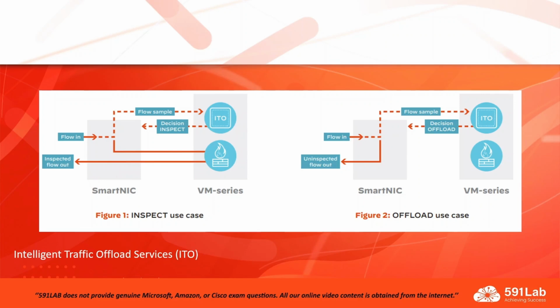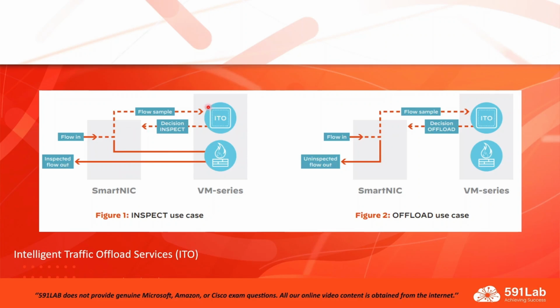The flow is as follows. The first packet of the flow, the sample packet, will be routed to the firewall to be inspected by the Intelligent Traffic Offload service, which determines whether the rest of the packets in the flow should be inspected or offloaded.